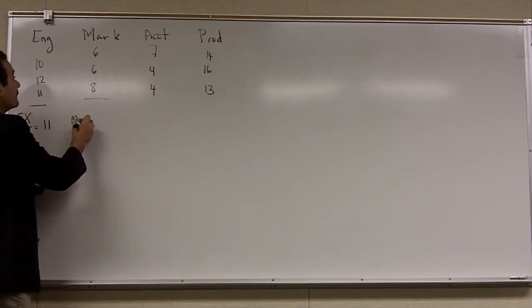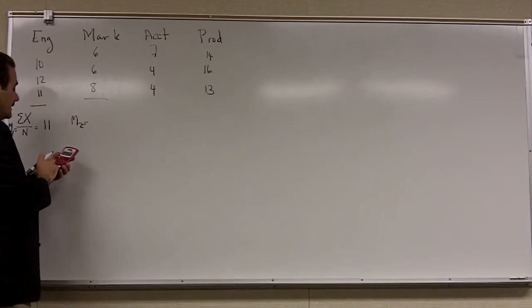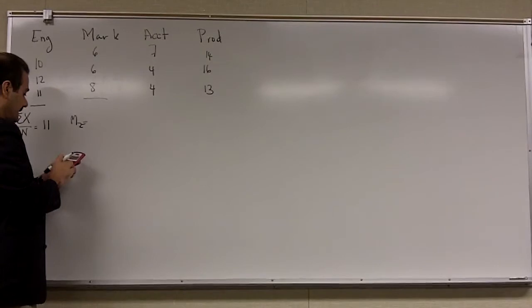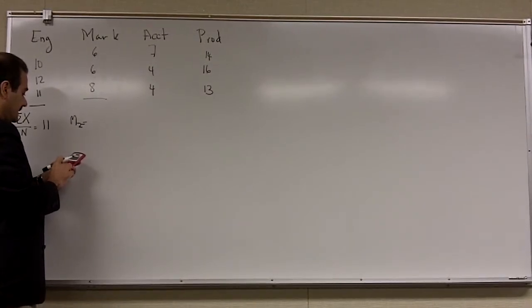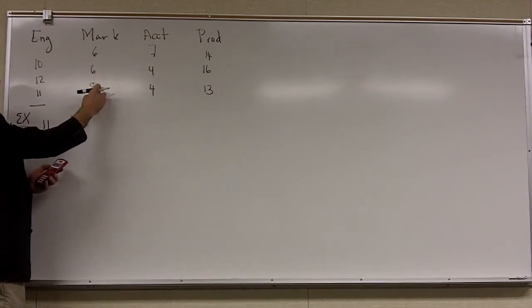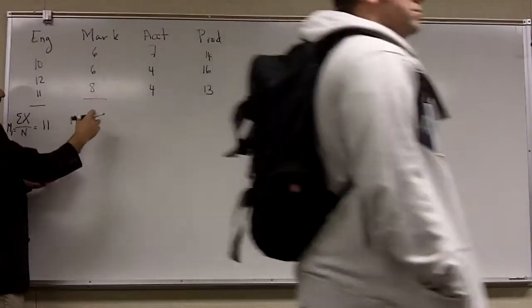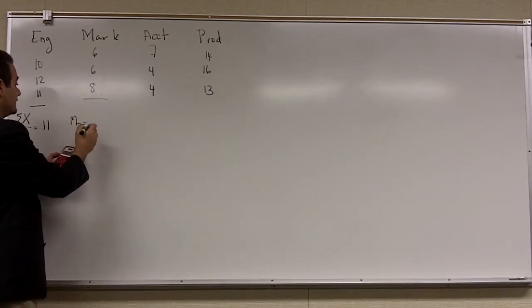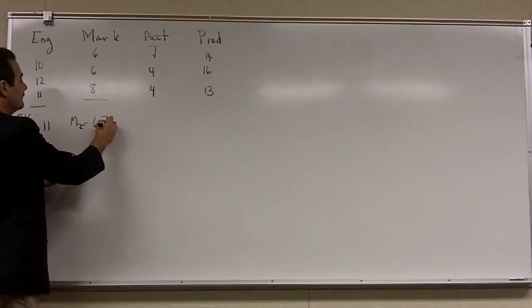M2 equals 6 plus 6 plus 8, divided by 3 gives us 6.7.